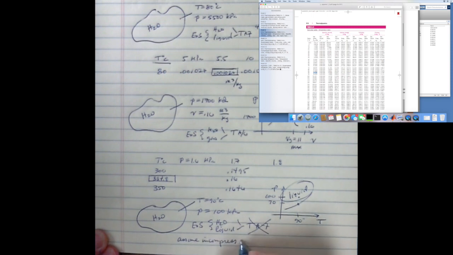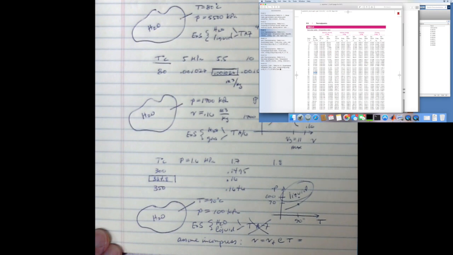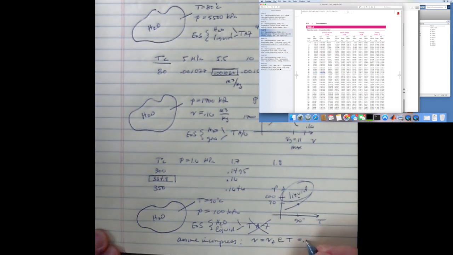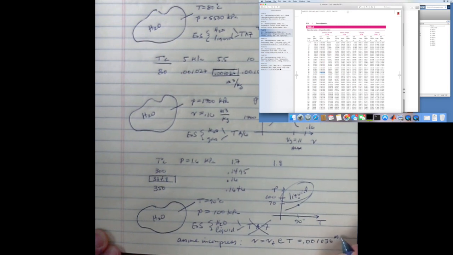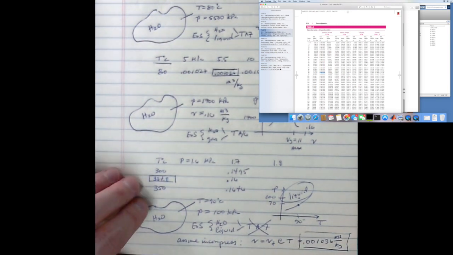That means we're going to use V equal to Vf at my given T, which in this case is just 0.001036 meters cubed per kilogram. And we are done with this problem. So now let's go on to our last problem on the test.